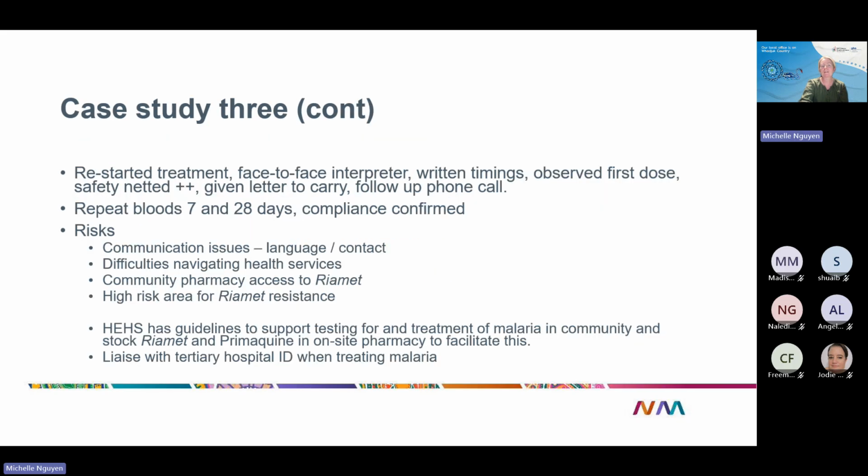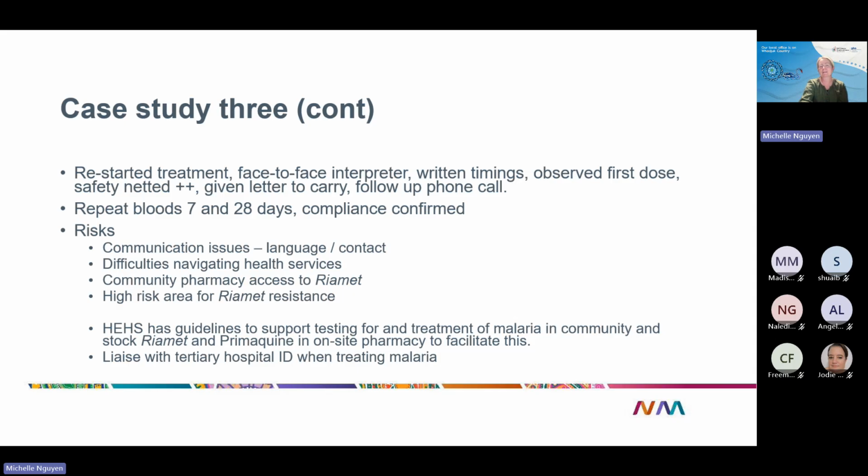So we restarted treatment. We were lucky enough to have a face-to-face interpreter who is a really amazing interpreter and really helpful, and was able to write down timings for her to help her with the doses, because anybody who's prescribed Riamet will remember that although it's 4 tablets twice a day, the first 2 doses are supposed to be taken 6 hours apart, and then there's 18 hours till the next dose.